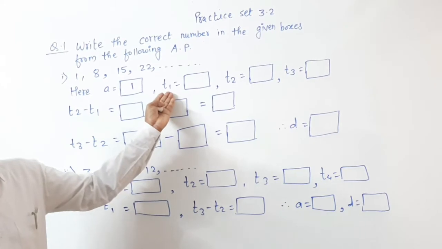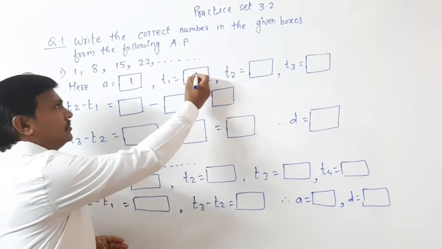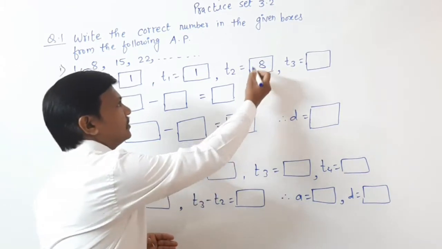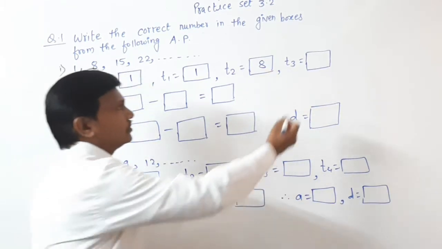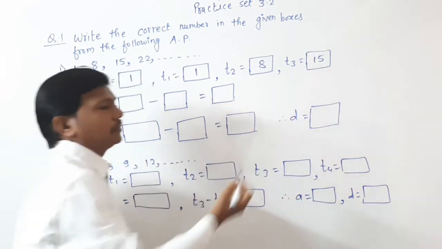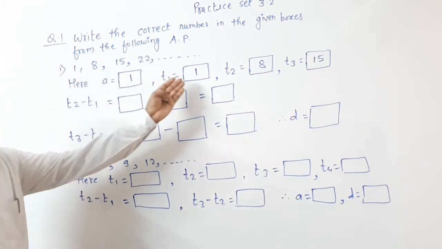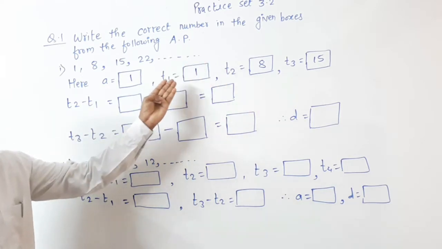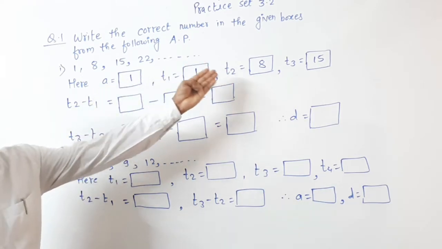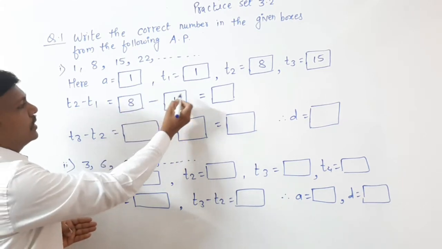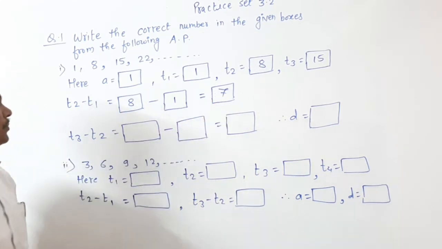T1 is also the first term, so it is 1. Then T2 is 8. T3, third term, is 15. And then T2 minus T1. So T2 is 8 and T1 is 1. So 8 minus 1, that is 7.